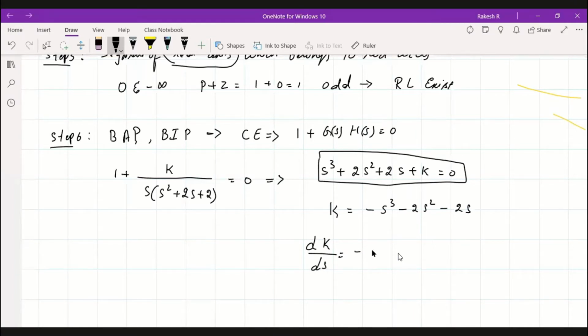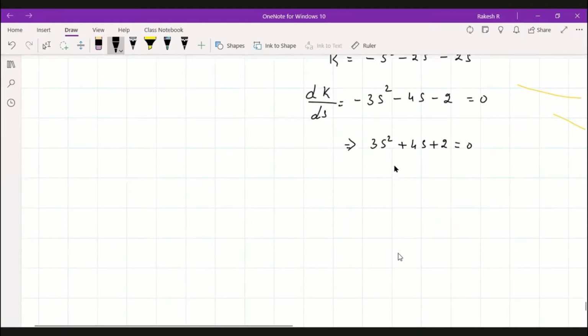So you will get minus 3s square minus 4s minus 2 equals 0. I can write this as 3s square plus 4s plus 2 equals 0.